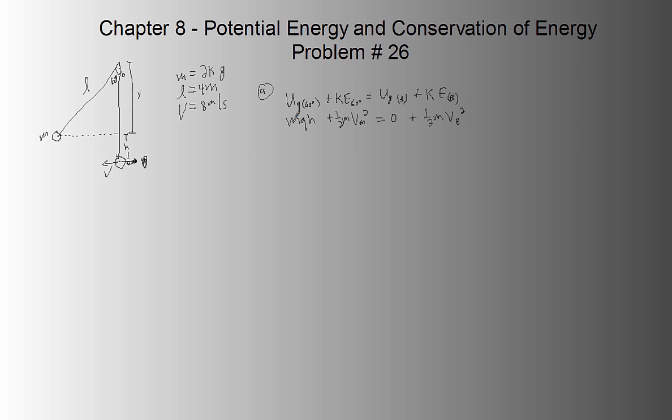Now how big is h? Well, we know that h is L minus y. L is the length of the whole string. Get rid of the y part of that, and you get h left over. And we also know that cosine of 60 equals y over L. That's this triangle here.